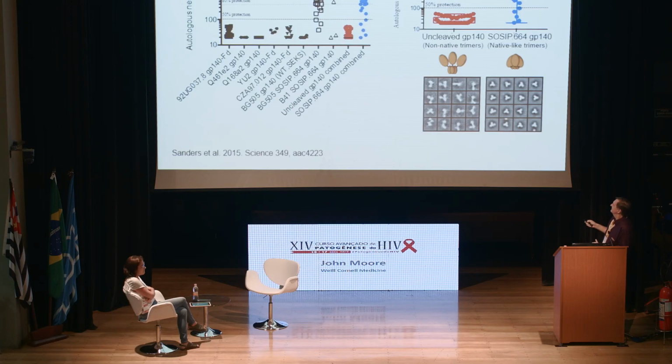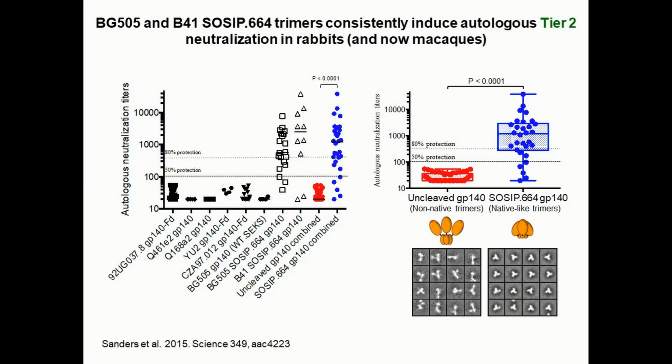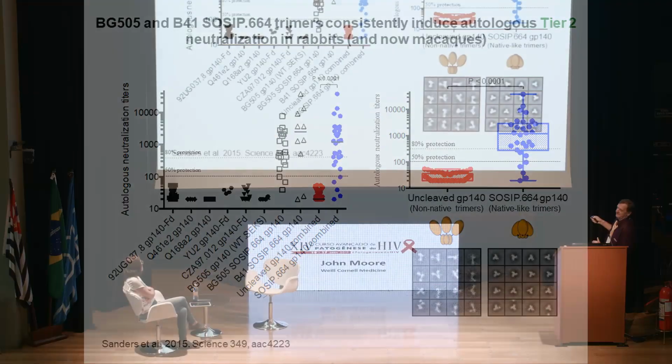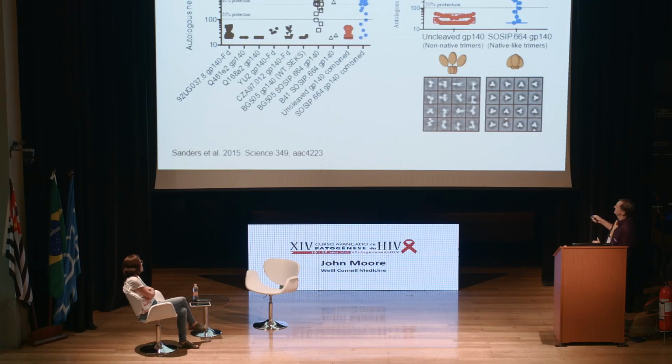So this is rabbits immunized with BG505 SOSIP trimers, and we get a strong, it's inconsistent, but it's still pretty good, neutralizing antibody response to BG505. That is a neutralizing antibody response to the B41 trimer, which is a clade B trimer. So it's true of two different trimers.